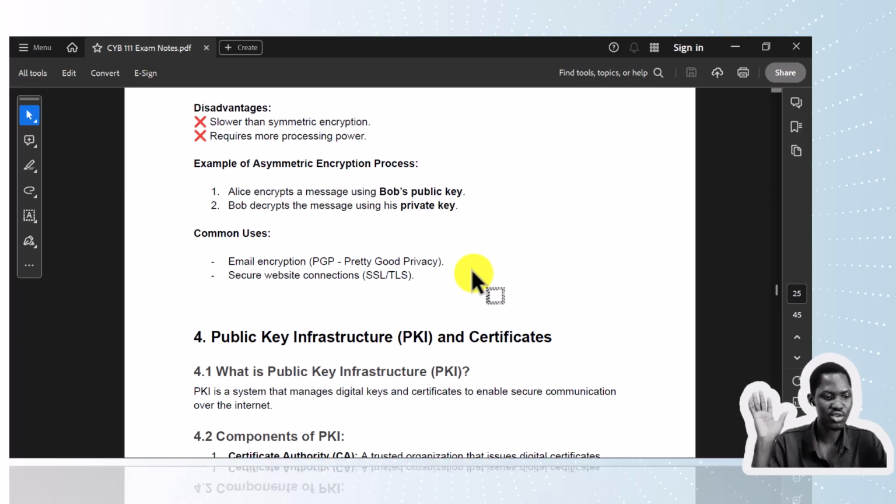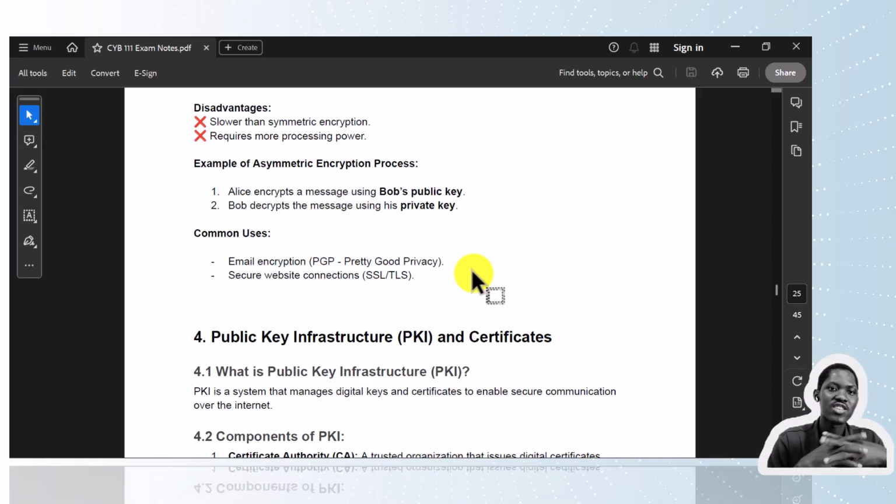The public key does not need to be secured. You understand? They are public, right? So Bob does not need to send his public key securely to Alice. You can just send it through any means.